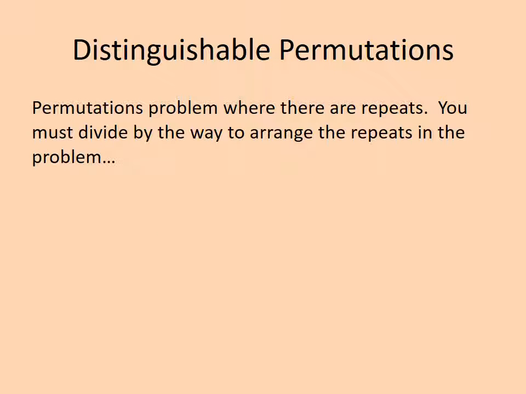As stated in the previous example, distinguishable permutations are permutation problems where there are repeats. You must divide by the way to arrange the repeats in the problem. So if a problem had 10 letters, you would do 10 factorial, or if the problem had n letters, you would do n factorial.